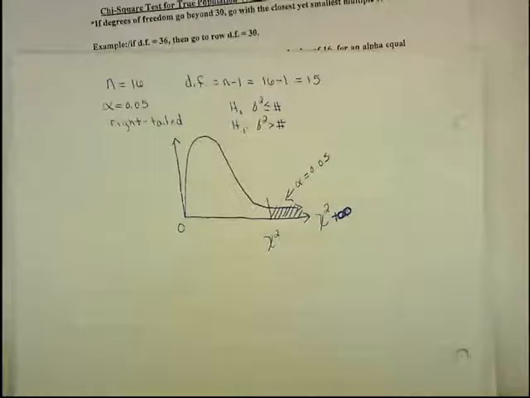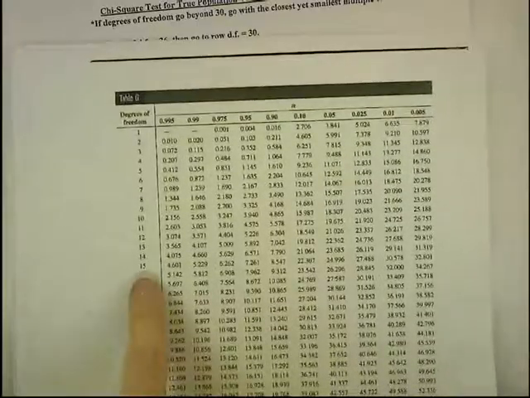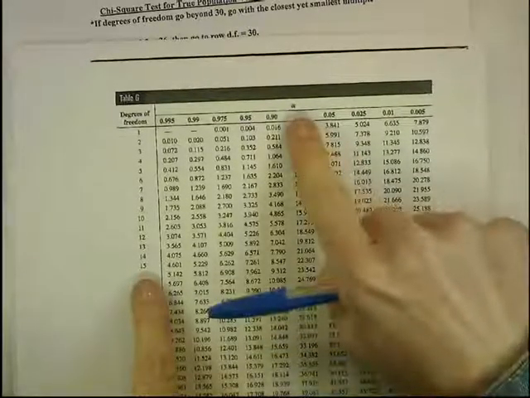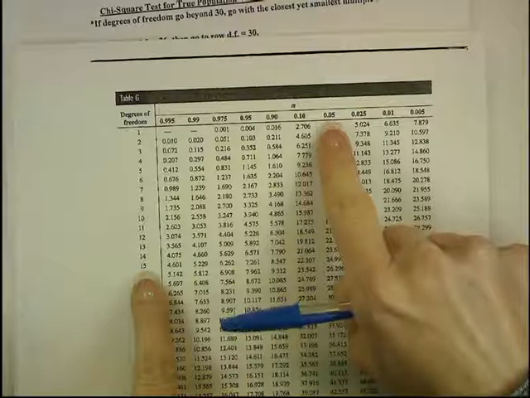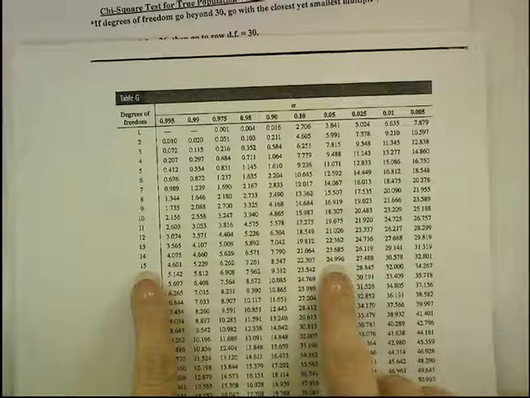And when we go to our chi-square table, we would go to row 15, and we would look up our given alpha of 5%. Our two fingers would meet at 24.996, and that's going to be your critical value in the right tail.